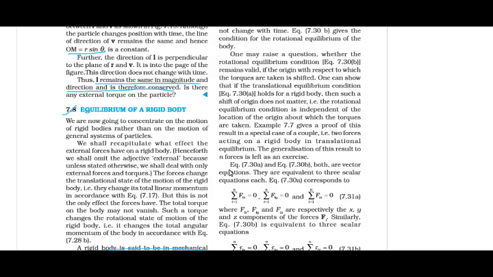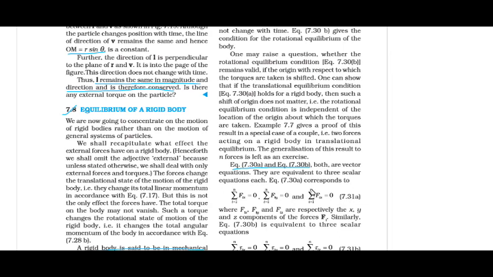Equation 7.30a and equation 7.30b are both vector equations. They are equivalent to three scalar equations each.